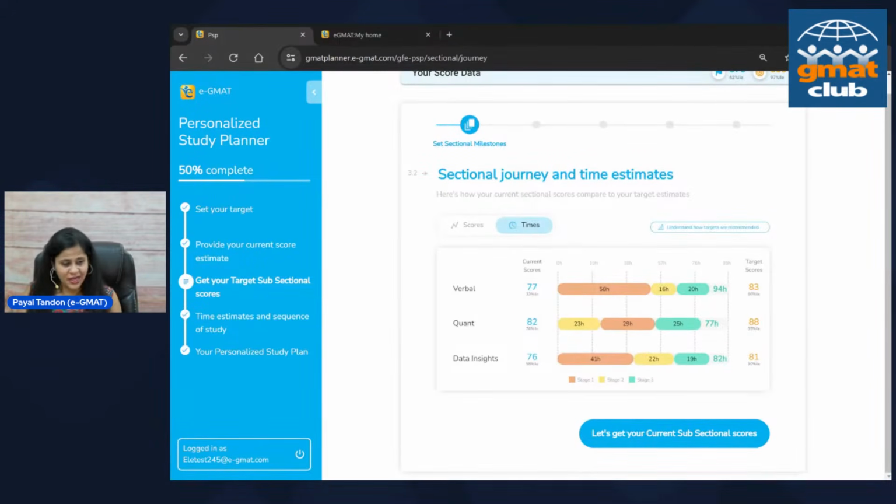And then test readiness, something that's very, very critical, 20 hours for that. But in quant, I spend first time on my cementing, and then I bridge my gaps using the course. So I spend about 29 hours there, but I really don't have to go through the entire course. And then I spend time doing test readiness. And likewise for data insights. So this way I get a proper idea of what I'm doing.